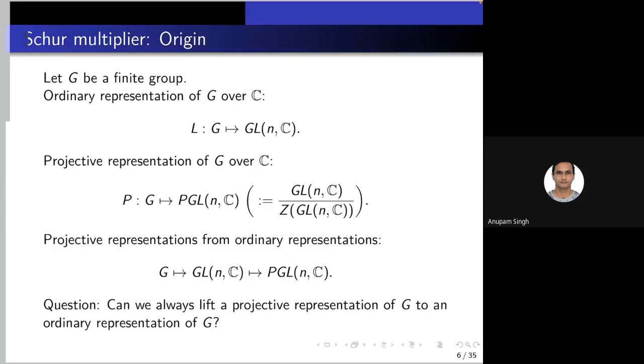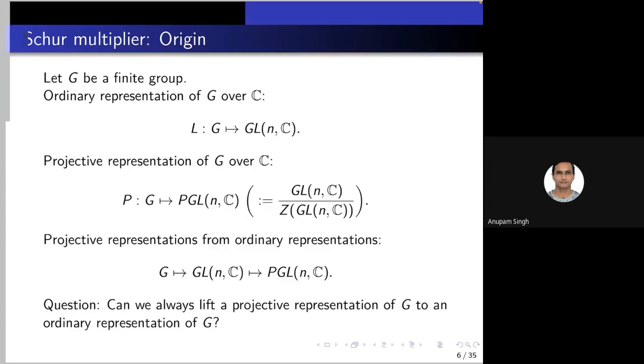Schur was trying to investigate this question: can we always lift a projective representation of G to an ordinary representation of G? That is, given any projective representation of G, can it be found this way, by composing the natural map with an ordinary representation?